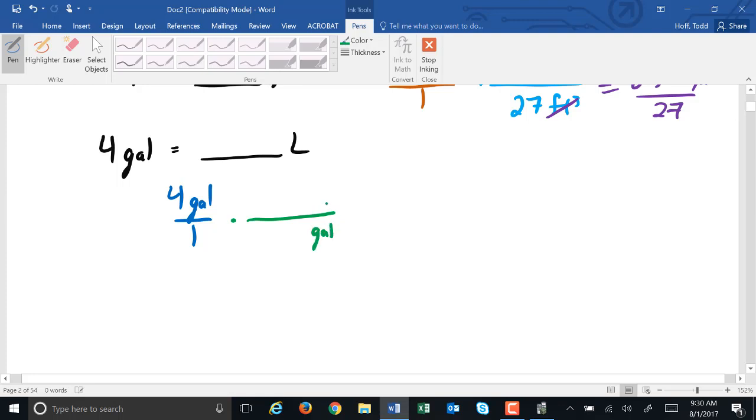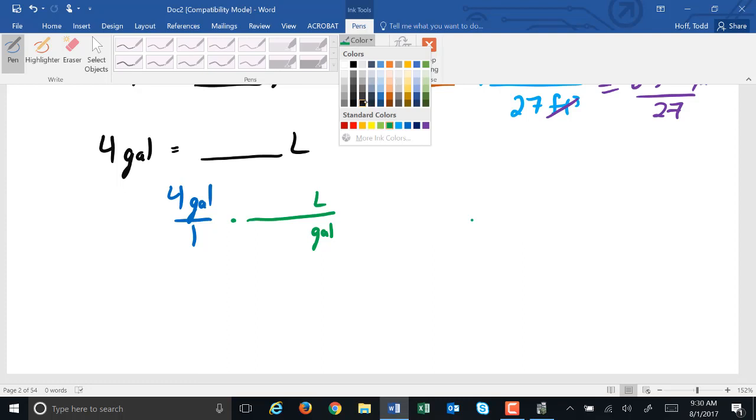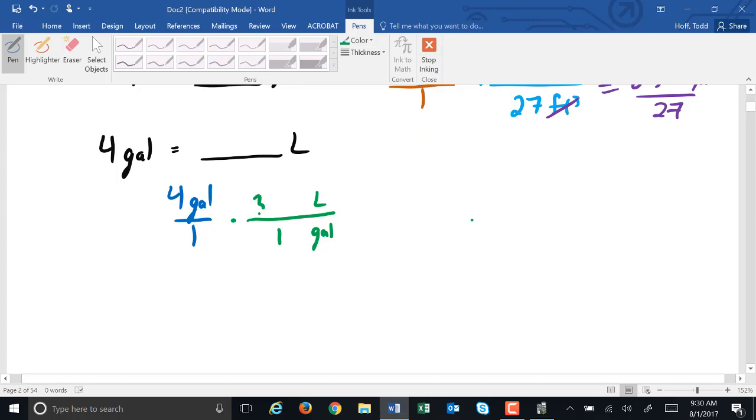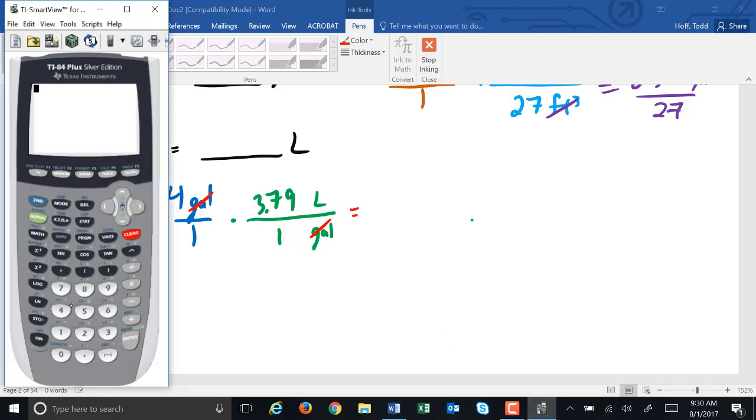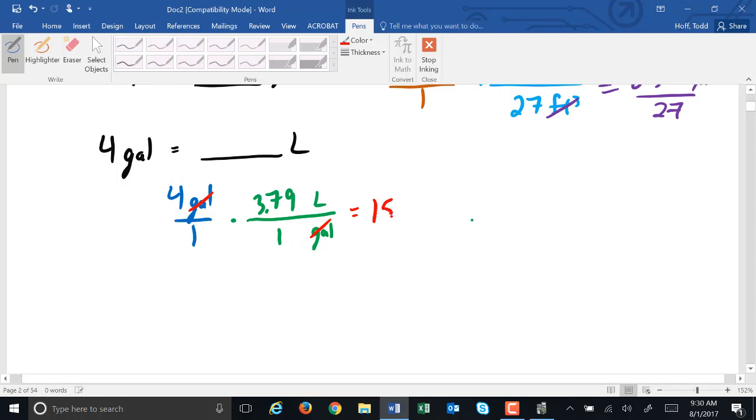I'm going from gallons into liters. One gallon is, I believe your book says, 3.79 liters. I normally do 3.785, but we'll stick to what your book says. So then the gallons cancel out and it will be 4 times 3.79, so 15.16 liters.